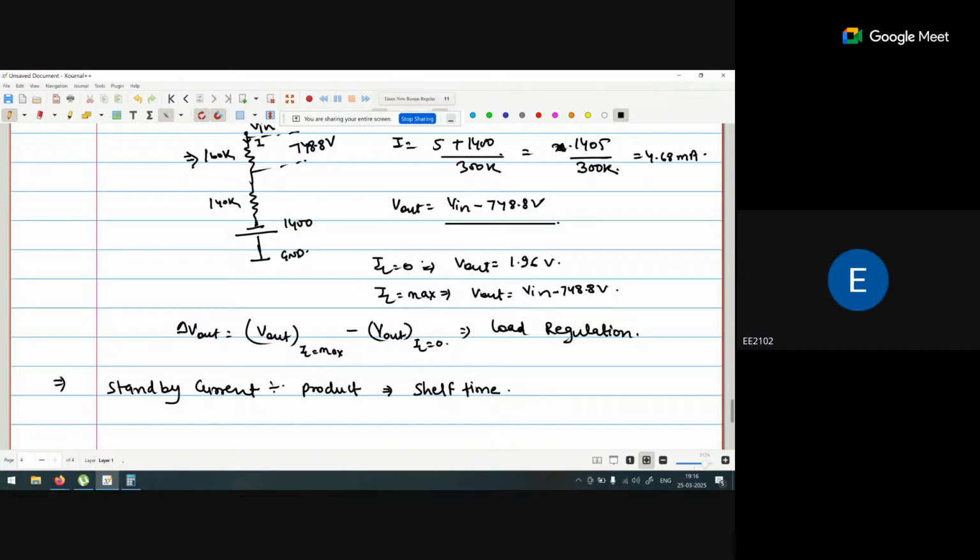We don't know this. Okay? So every product has a shelf life. If you are a manufacturer and you manufacture any product, you can't ensure that this product will be sold either today or tomorrow. Maybe it will take 1 month, maybe 2 months, maybe 3 months or more than that.